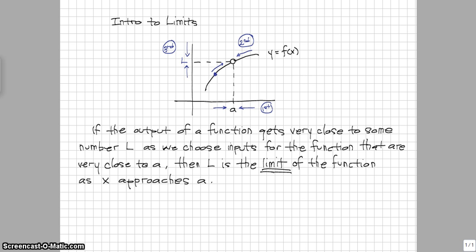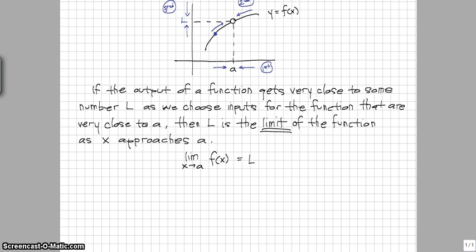And the notation we use looks like this. The limit as x approaches a, and I'll write this out in a second, of f of x is equal to L. So notice there was a way that we said that. All right, this is how we say that limit notation statement.